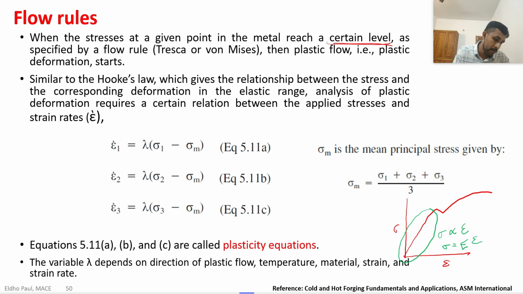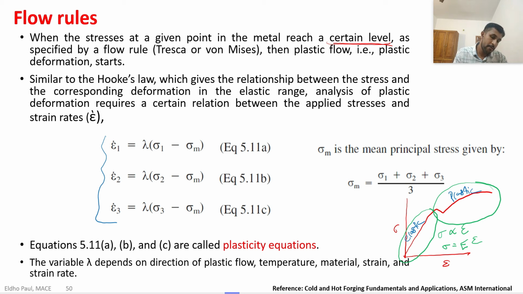But is there an equation in this region? This is the elastic region. This is the plastic region. In this plastic region also there are some relationships, and those are the relationships in the plastic region.